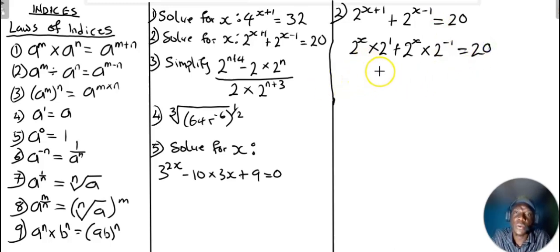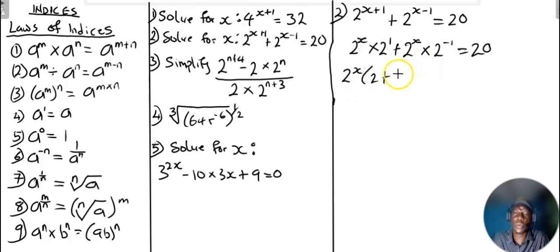Having that here, we are going to factorize the common term, that's 2 raised to power x. When you bring out 2 raised to power x, what's left here is just 2, so you write 2 plus. When you bring out 2 raised to power x here, what's left is 2 raised to power minus 1.